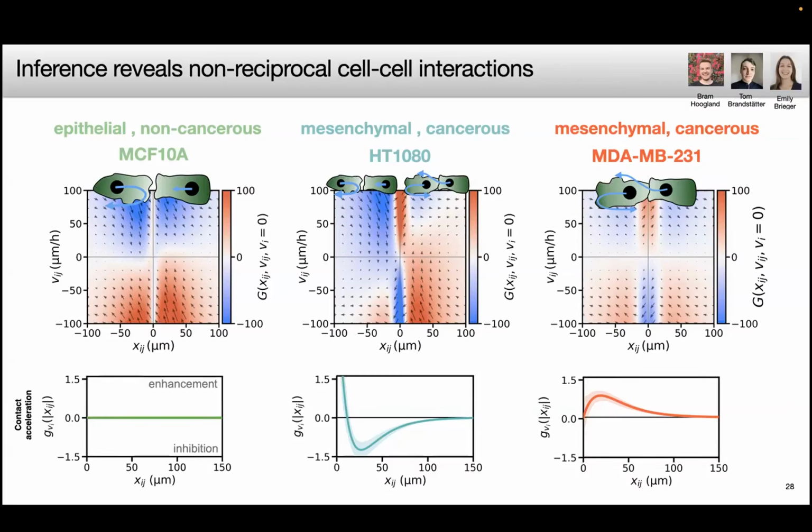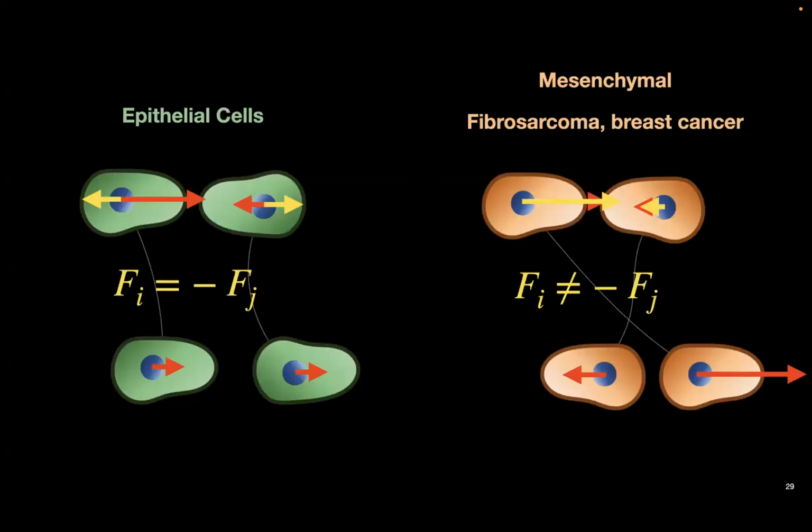And this non-reciprocal interaction could allow cells to access collective behaviors that are richer than what you could achieve with reciprocal interactions. For instance, what this non-reciprocal interaction is doing in this system is allowing the cells to control their flocking dynamics. Essentially, it can tune the speed of the flock in a way that is independent of the individual speed of the cells.